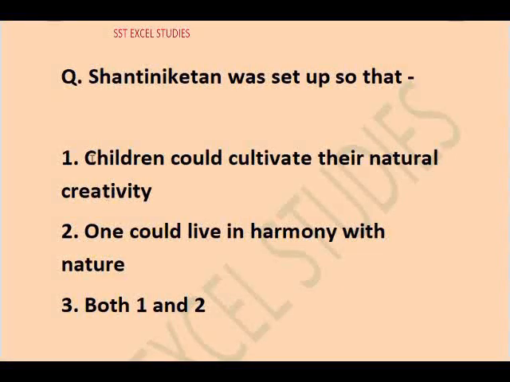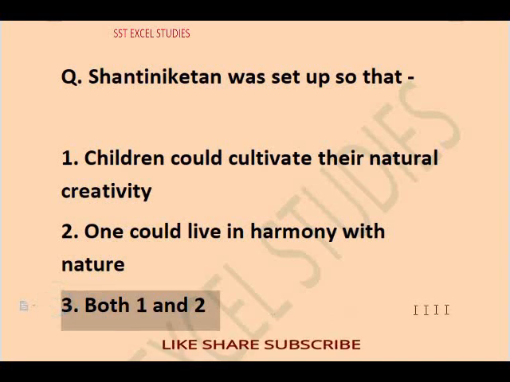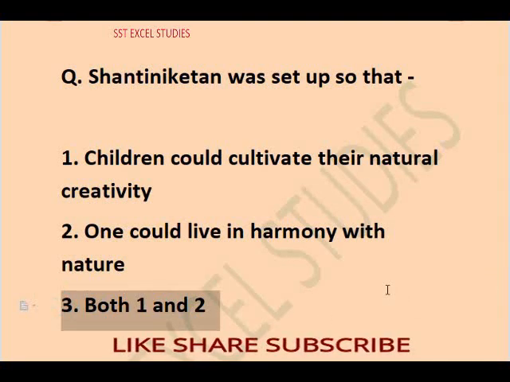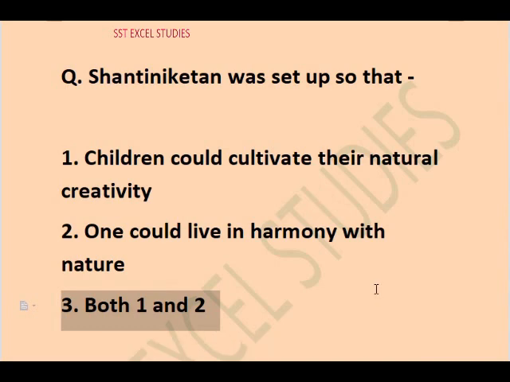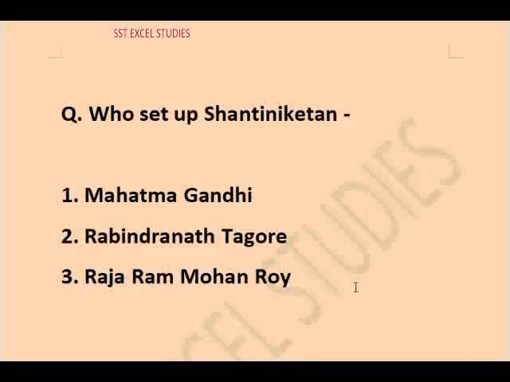Shantiniketan was set up so that children could cultivate their natural creativity while living in harmony with nature, because Tagore thought that children could cultivate their creativity only in a natural environment. Next question is, who set up Shantiniketan?